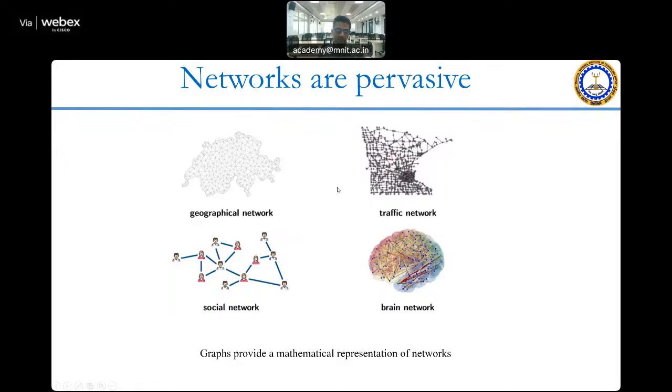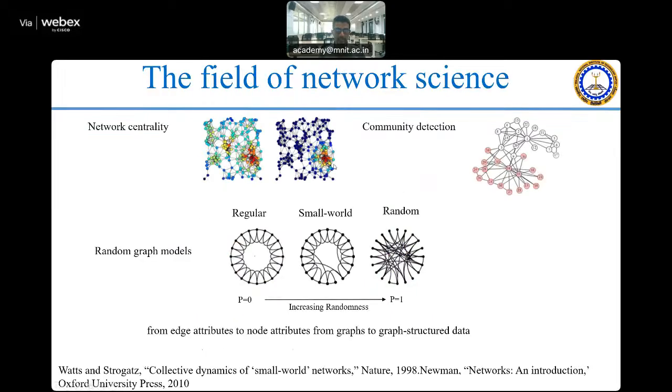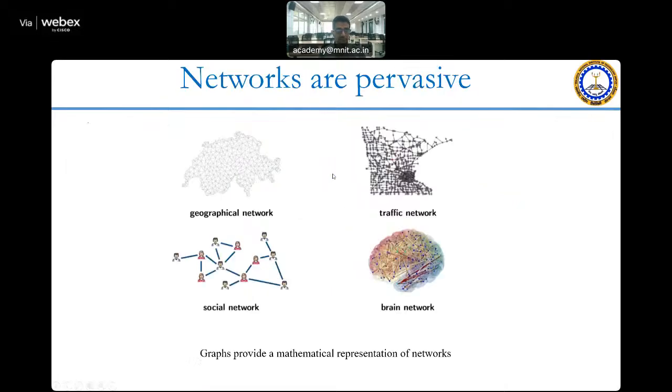Again, as we have already seen, the network and graph are both the same here. So what we are saying is that it is a geographical network. For example, if I want to analyze places, during the COVID time, you would have observed how this COVID has been increasing.